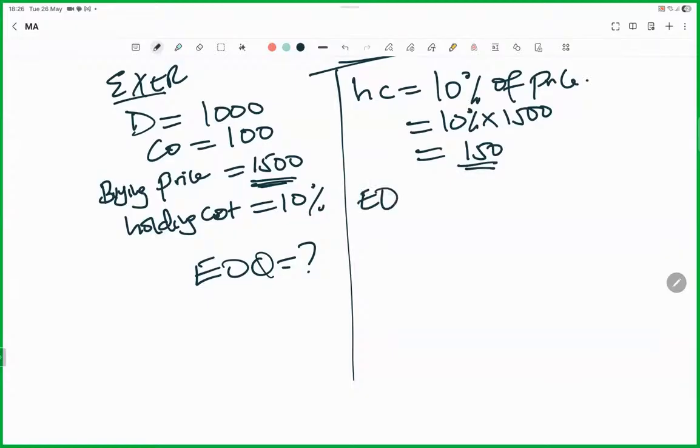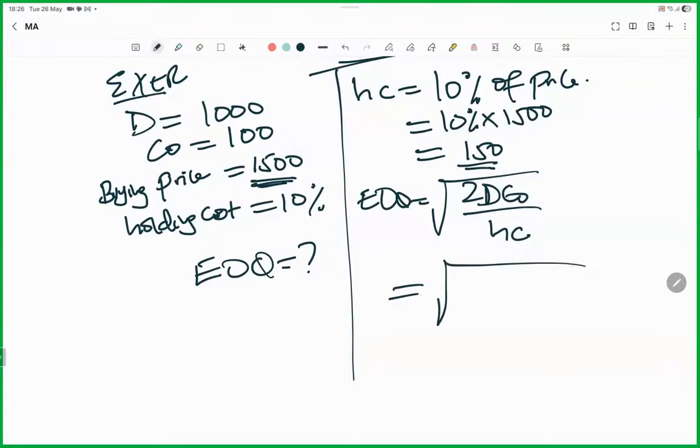So we have our EOQ, square root of 2DCo all over HC, which will be equal to the square root of 2 times annual demand 1,000 times 100 all over 150.